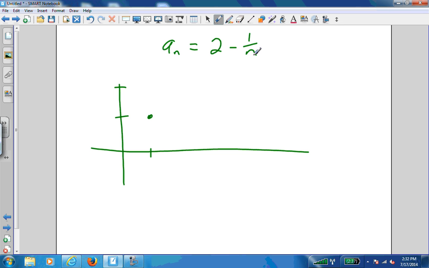If we substitute a 2 in, we get 2 minus 1/2, which is 1 1/2. If we substitute a 3 in, we get 2 minus 1/3, or 1 2/3. If we substitute a 4 in, we get 2 minus 1/4, or 1 3/4.